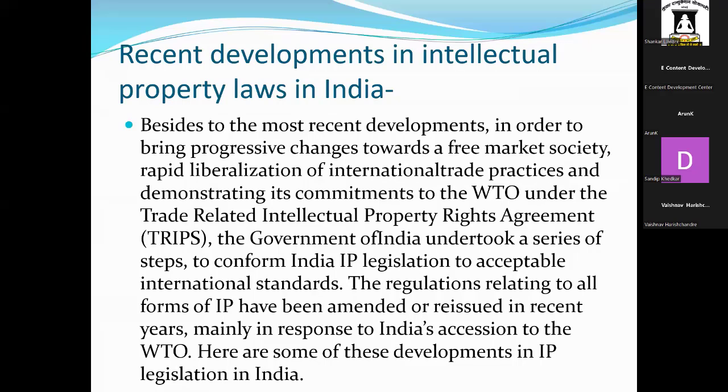I told you that because of globalization, you have to sign a lot of trade agreements, including the Trade Related Aspects of Intellectual Property Rights agreement. The Government of India's laws relating to all forms of IP have been amended or reissued in recent years, mainly in response to India's accession to the World Trade Organization. Here are some of the latest developments in IP legislation in India.